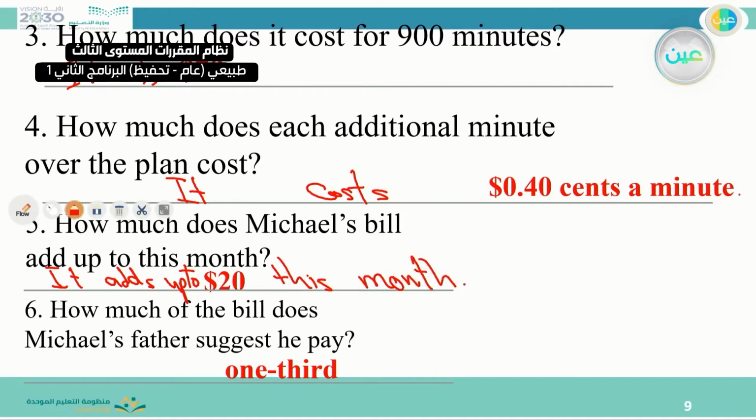And don't forget the full stop as well here. Now the last question, number 6 here: how much of the bill does Michael's father suggest he pays? We can say he suggests to pay 1/3. He suggests to pay 1/3 of the bill.